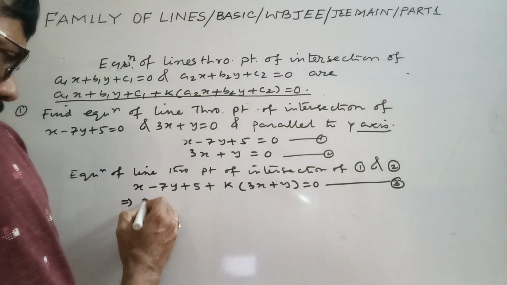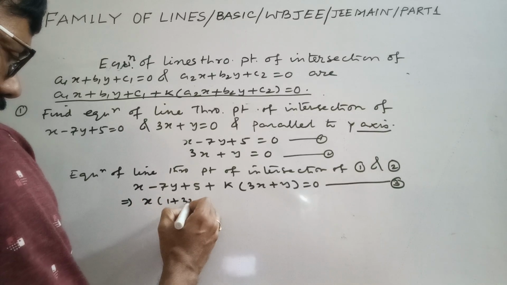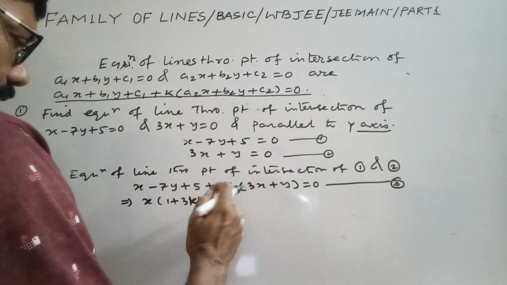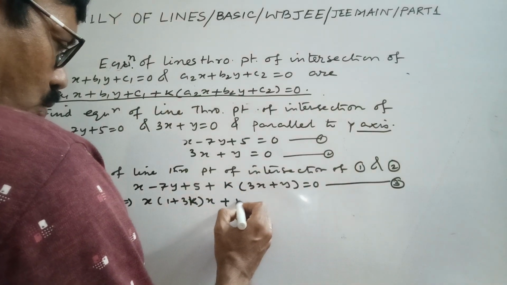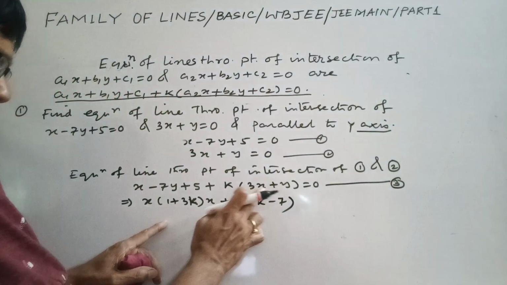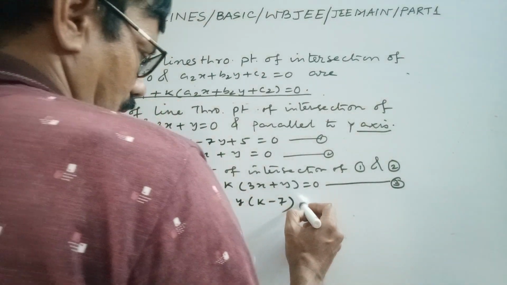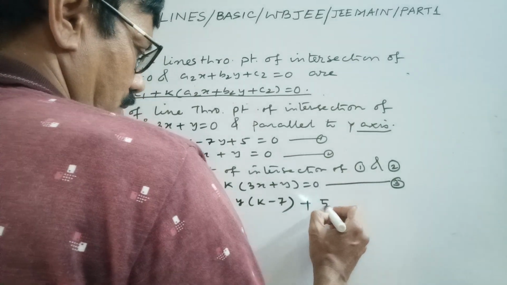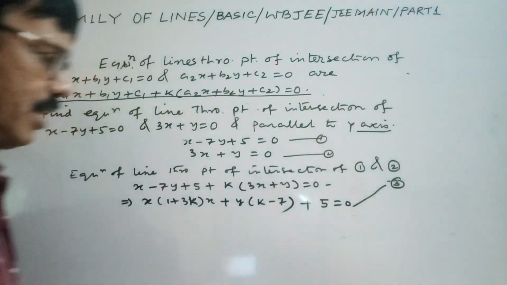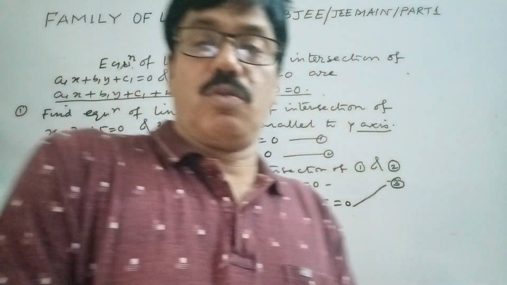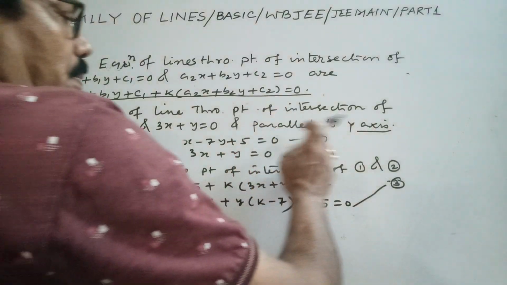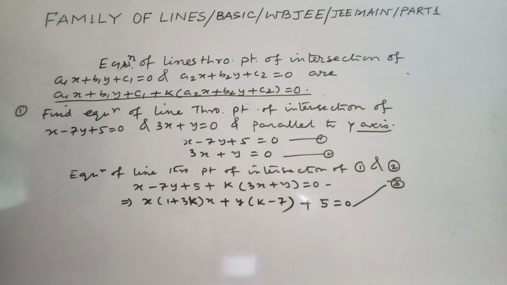Now we can write it in this form: (1 plus 3k) x plus (k minus 7) y plus 5 equals 0. Now look at the condition. The equation will be parallel to the y-axis.